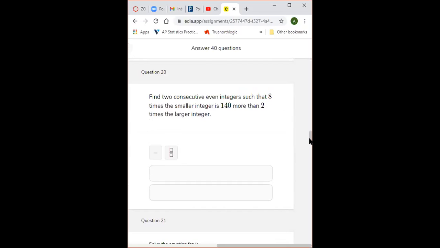So goal 2, I think it's goal 2. One of the other goals, I'll say that, is 5 perimeters and 5 consecutive integers, okay? 5 perimeter and 5 consecutive integers.